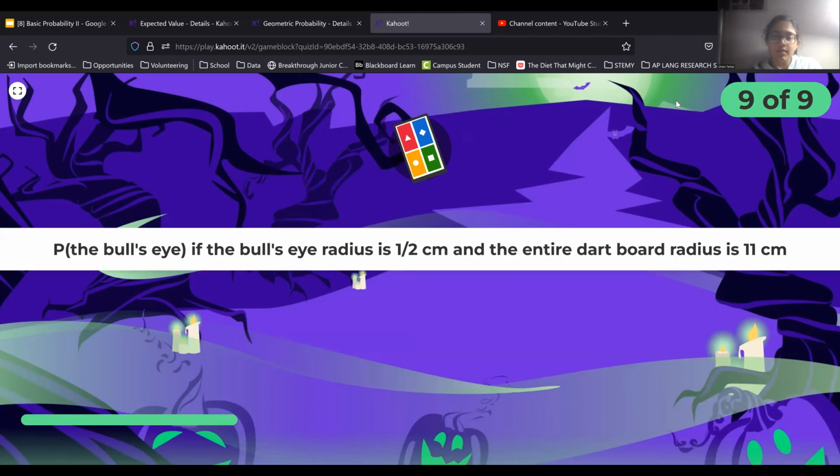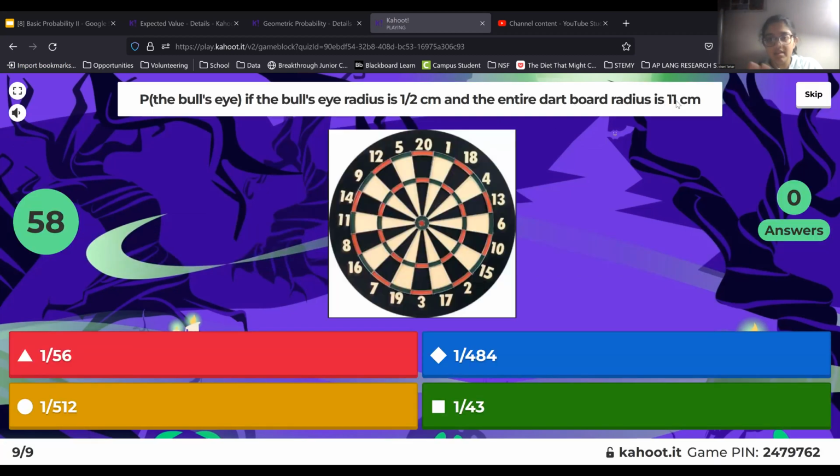Okay, what's the probability of hitting the bullseye of the bullseye? Its radius is 1/2 of a centimeter, and the entire dartboard has a radius of 11 centimeters.